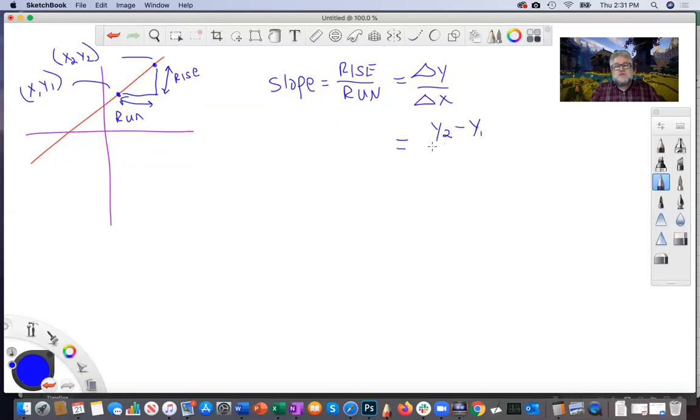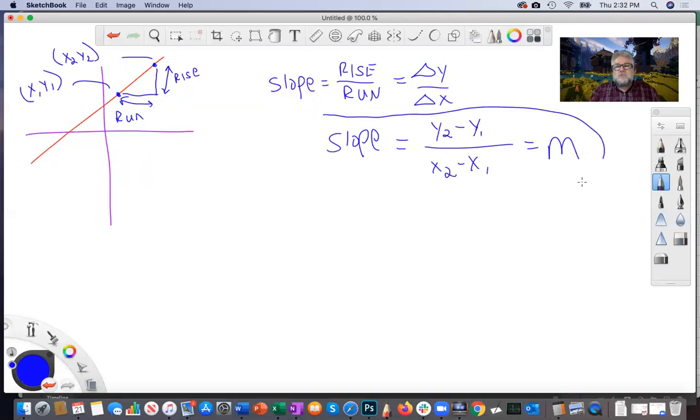It's going to be the difference in the y coordinates divided by the same thing going this way, the difference in the x coordinates. And we use the letter m to represent slope, because slope is cool. That's why it's an m. So important for your little cheat sheet of notes? Absolutely. You want to have this somewhere where you can always refer to it so you can get the equation correct.